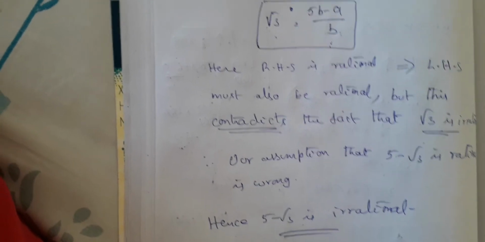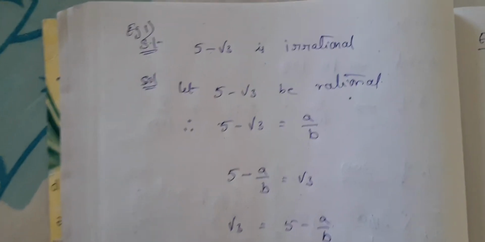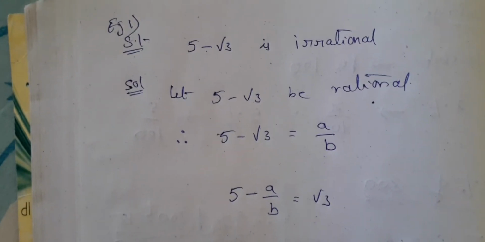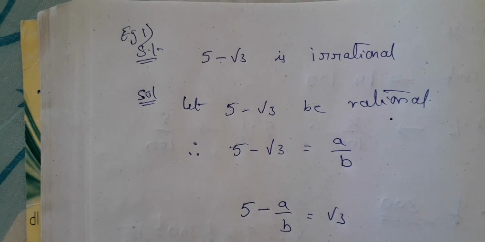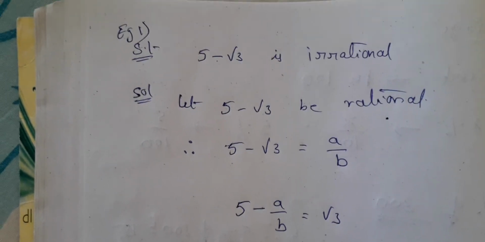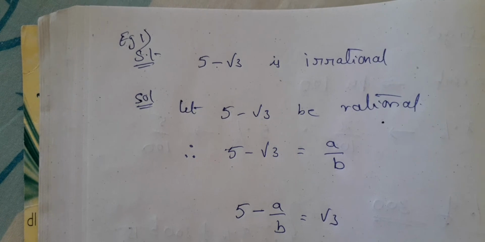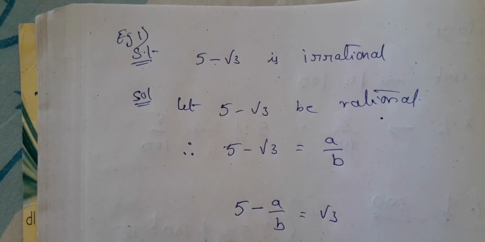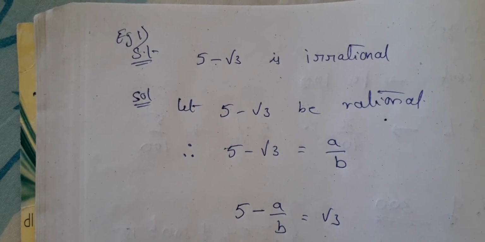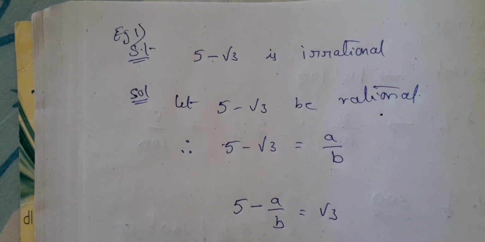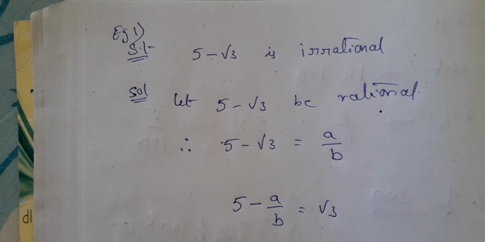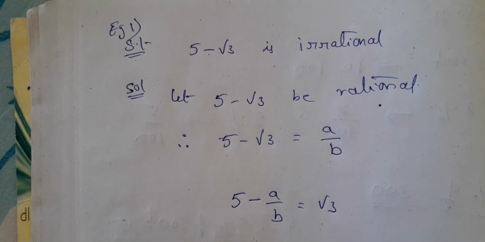Let's see what we did. We took the example problem to show that 5 minus root 3 is irrational. What did we consider? We considered 5 minus root 3 to be rational. When it is a rational number, it should be expressed in p by q form. So we took it as a by b, so 5 minus root 3 is equal to a by b.